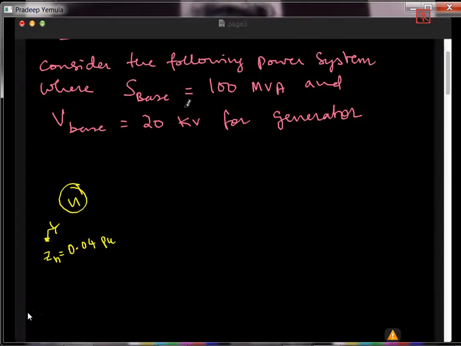So the neutral impedance is 0.04 per unit. So what is the base? S base is 100 and V base is 20. Now the impedance of the generator itself is j0.08 per unit. Then this generator is connected to a bus bar and there is a transformer.